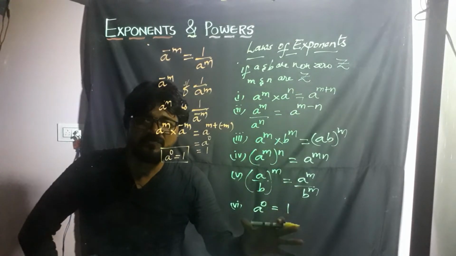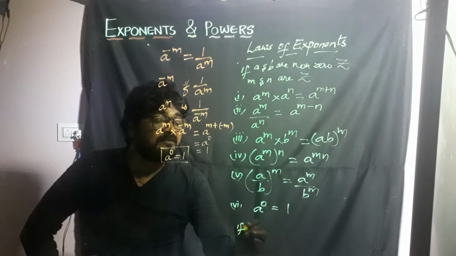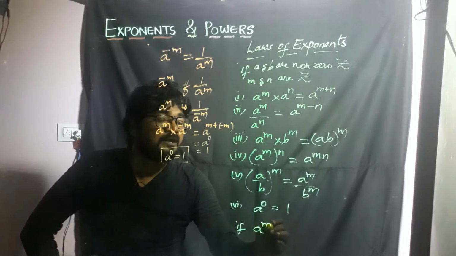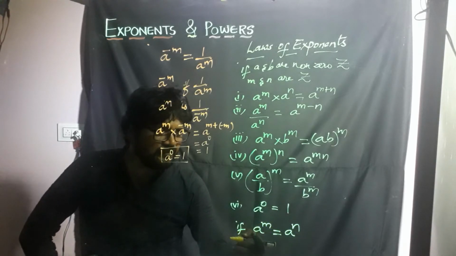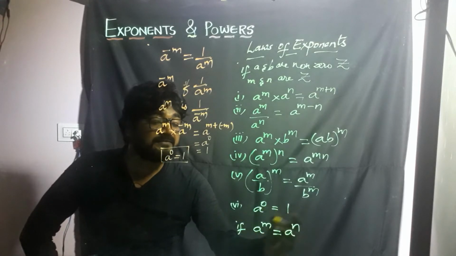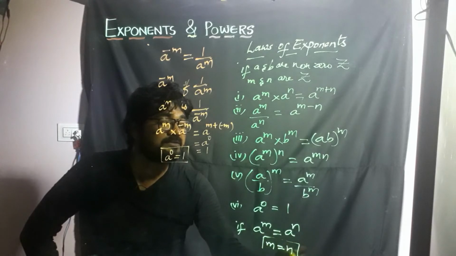These are the laws of exponents, and another formula: if a to the power of m is equal to a to the power of n, when the bases are equal, the powers are also equal, that is, m is equal to n.